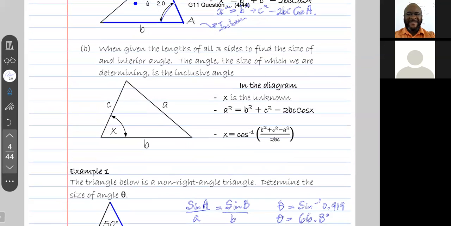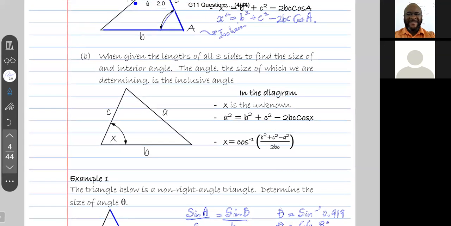The cosine rule is used when the lengths of all three sides are given, to find the size of an interior angle. So if you are given the length of all three sides of a non-right angle triangle and you want to find an angle, that is a condition for applying the cosine rule.